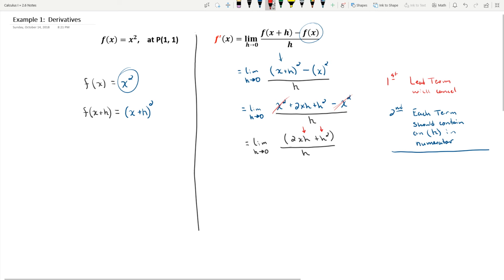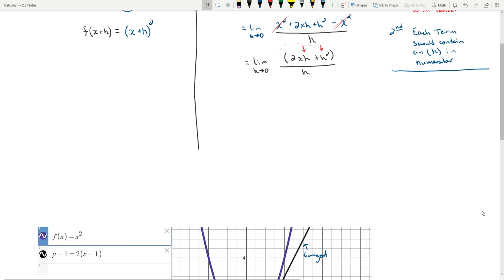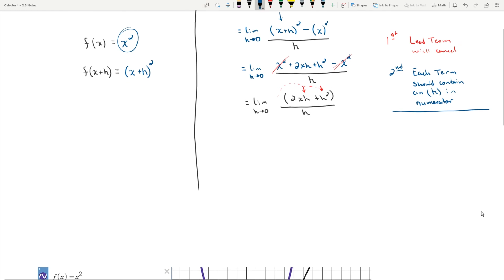So I'm going to factor out an h from each term, which is going to give me the limit. Continue writing the limit as h approaches 0 until you use the direct substitution property, where you substitute that 0 in for h. So you have to continue writing what we were doing.